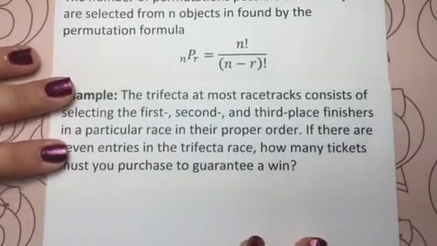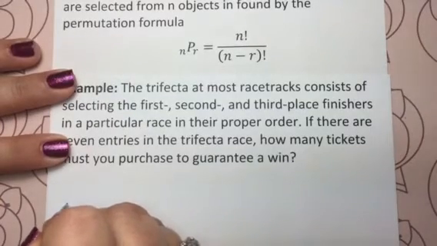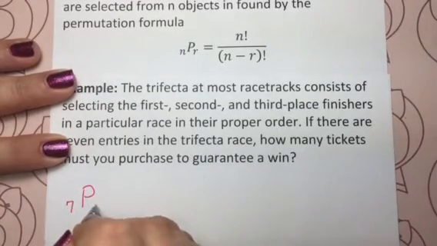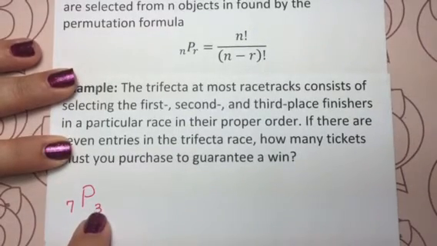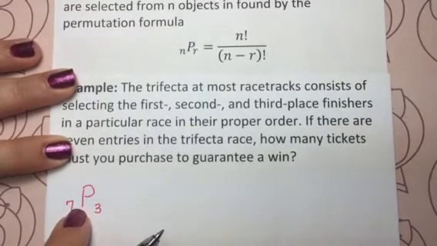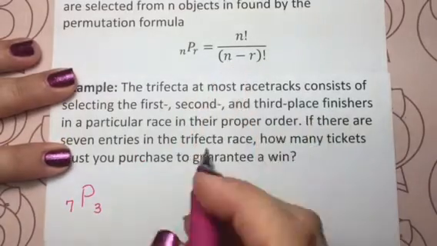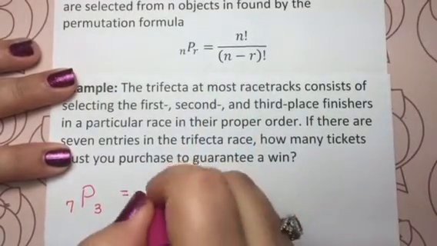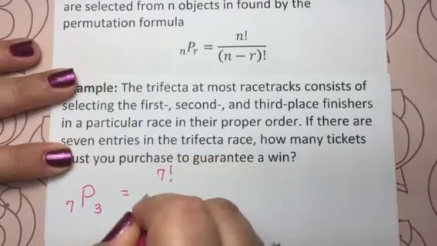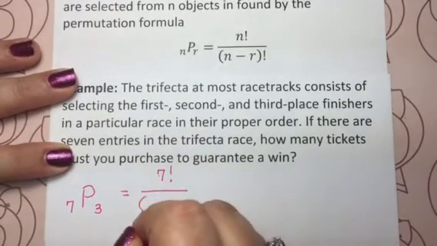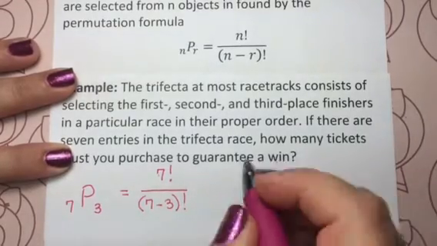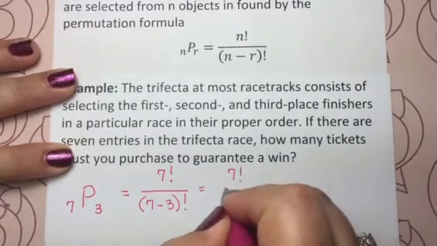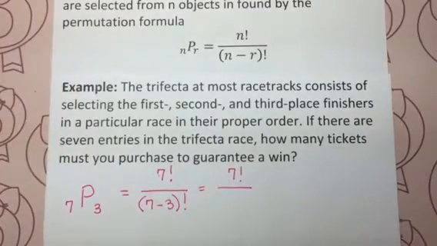In math notation, that would look like 7P3. 7, pick 3, and permutation, order matters. According to this formula, this is 7 factorial divided by (7 minus 3) factorial. Well, last time I checked, 7 minus 3 is 4, right?